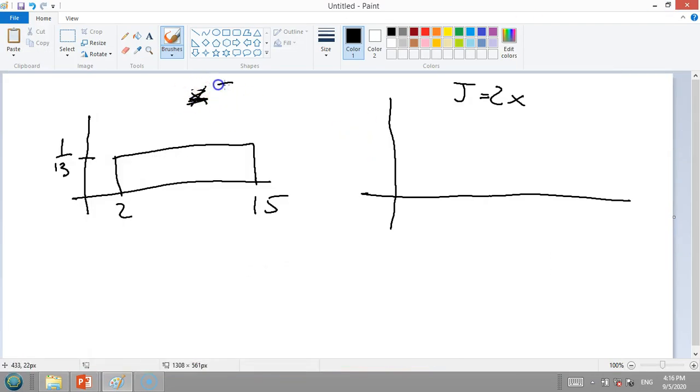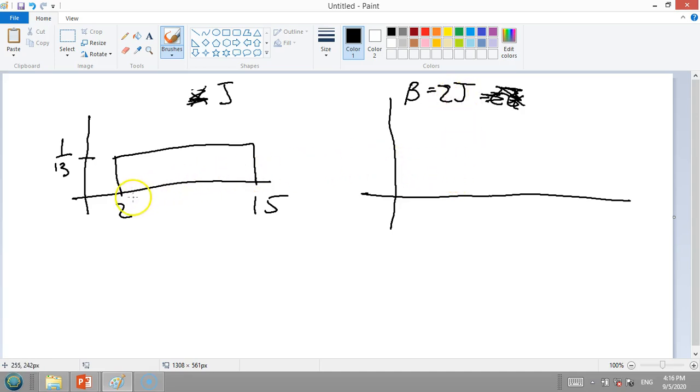Just call this J, and you call this B. B is 2 times J, like this. So I just multiplied J by 2. It doesn't matter the letters, J, K, Y, Z. These are just random variables. You have to give them some kind of a name, and you give them a name with a letter. Anyways, 2 times J.